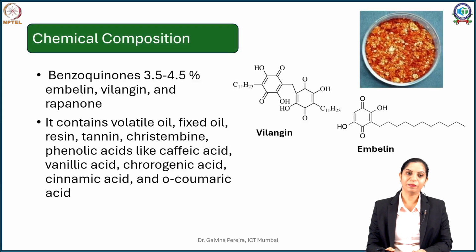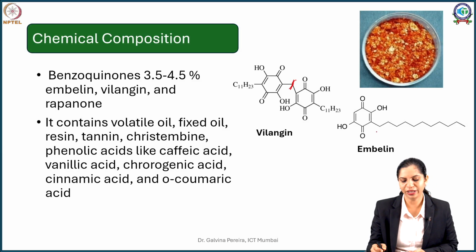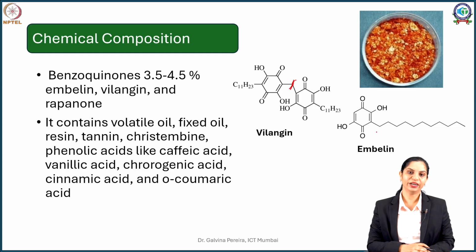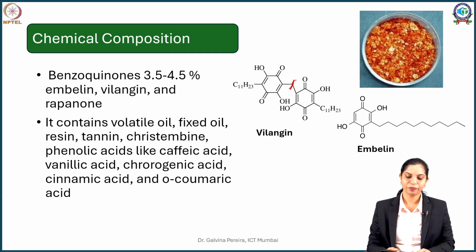Now, apart from embelin, it also contains a dimer of embelin, which is your vilangin. So this is nothing but a dimer. So imagine your embelin twice. You call it vilangin, and it is often thought to be a byproduct or the deterioration product of embelin. Now, embelin has a C11 chain.